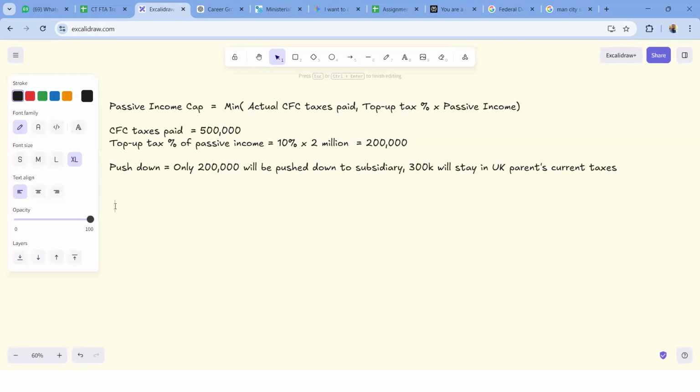Now, you tell me what is a hybrid entity, or what is a flow through entity? What is a flow through entity, guys?